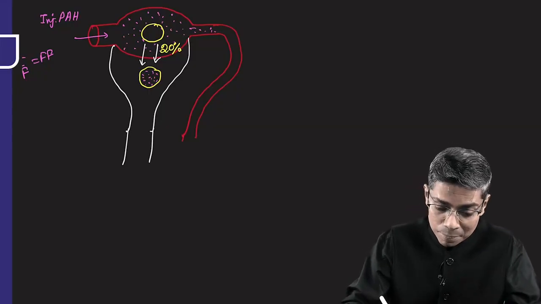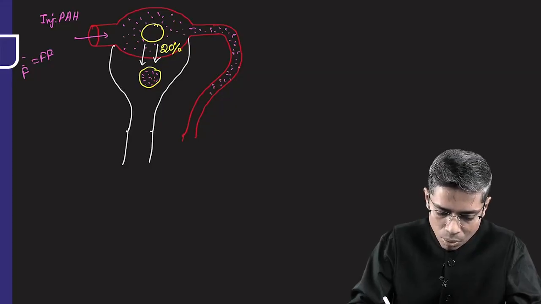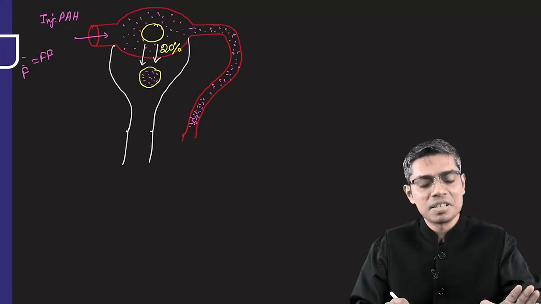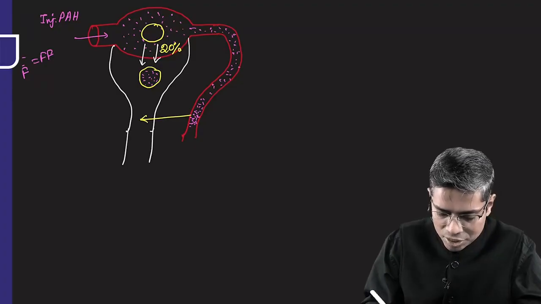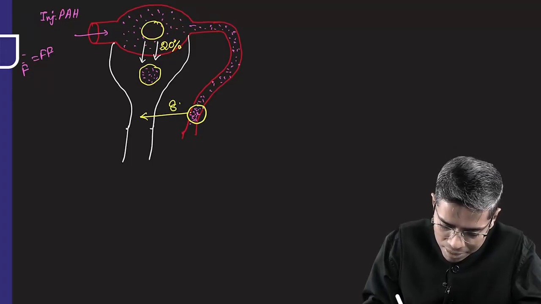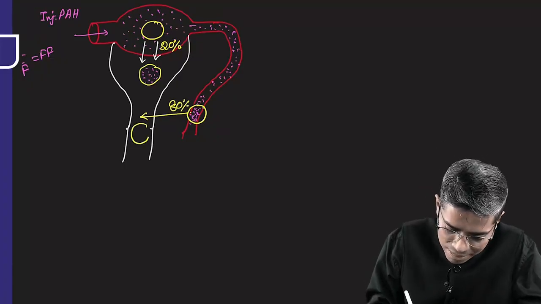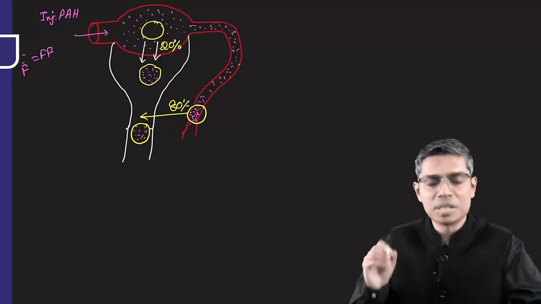All the remaining PAH which is flowing through the peritubular capillary will be secreted at the proximal convoluted tubule. So there is secretion of PAH, about 80%, that is the remaining portion of PAH is secreted at the PCT.